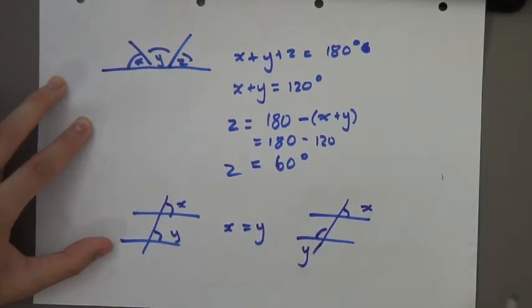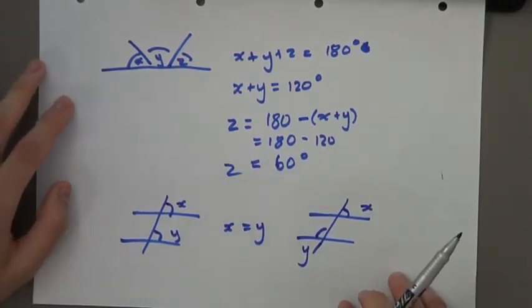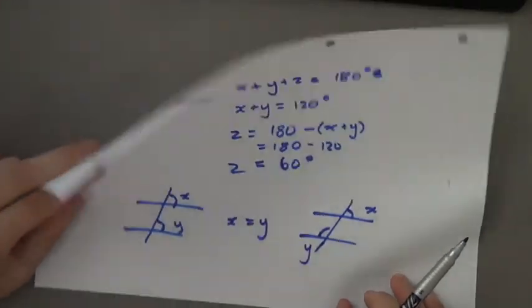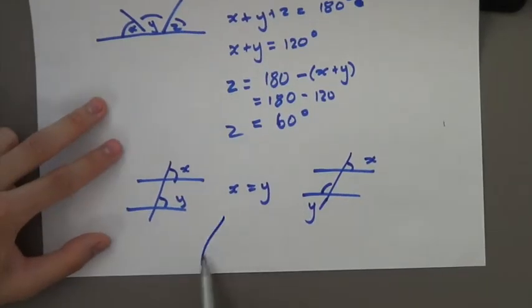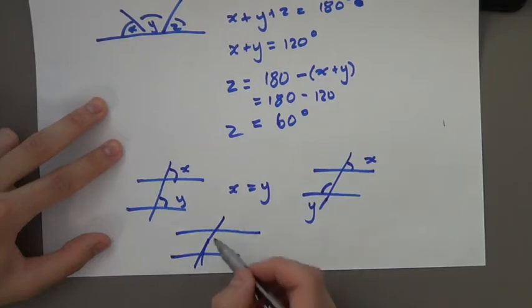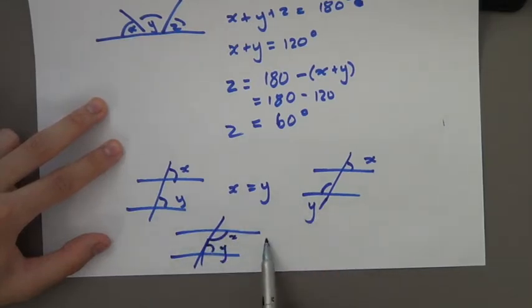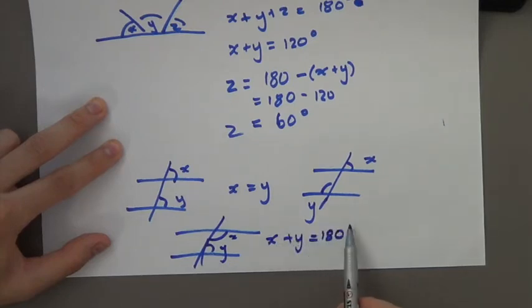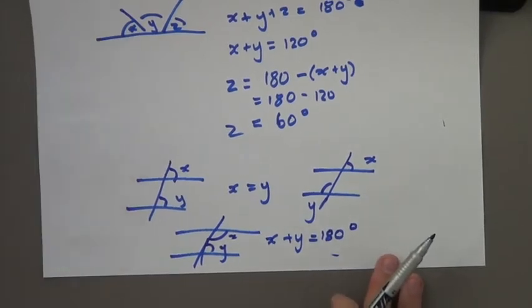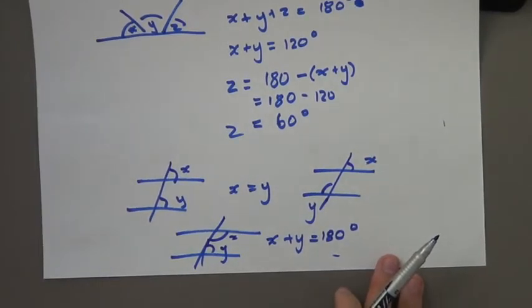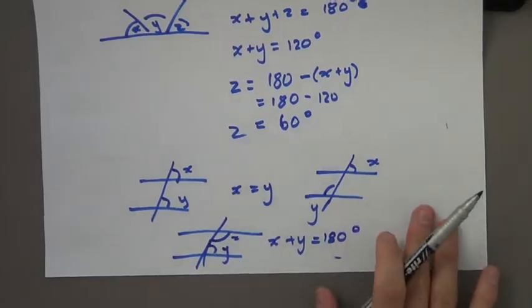Again, x and y are equal to each other. What about if I say, same lines, this is x and this is y? x plus y equals 180 degrees. So if you knew x, all you need to do is 180 minus x, then that would give you y. Okay, so those are several rules that you need to be aware of.